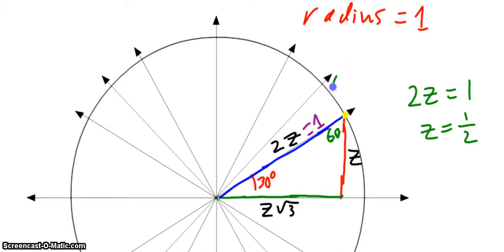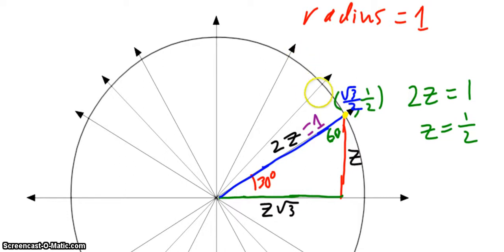So in my coordinates, the y value here is going to be 1/2, and the x value is going to be 1/2 times the square root of 3, or root 3 over 2.